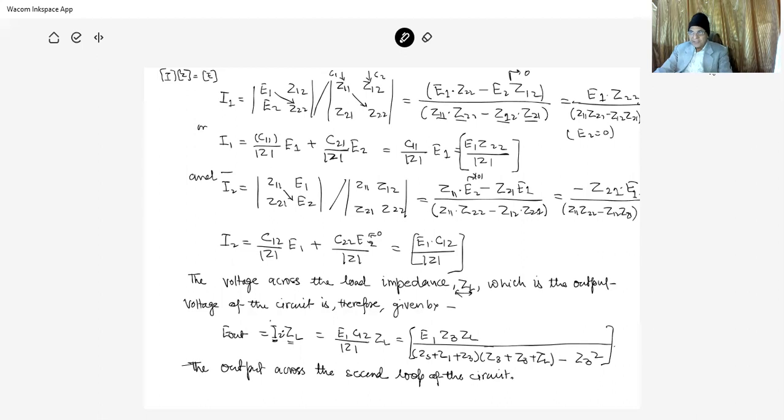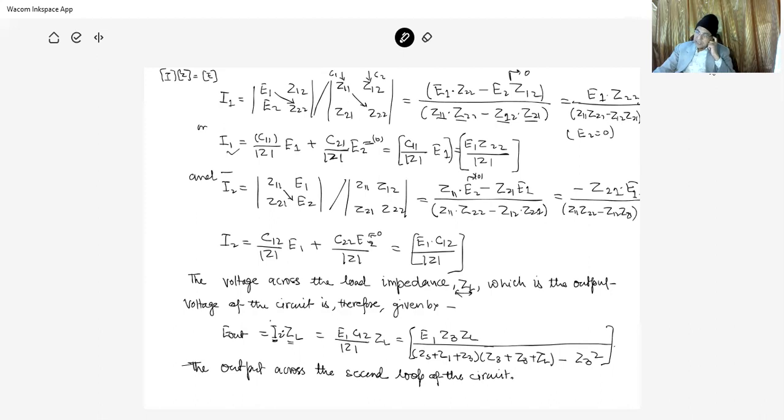So we find E2 is equal to 0 by putting this. We have to find this I1 expression, and I1 is this value. Similarly, I2 is equal to these determinants, and on solving these determinants, again E2 is equal to 0, so this value is 0. So minus Z21 into E1 upon Z11 into Z22 minus Z12 Z21.